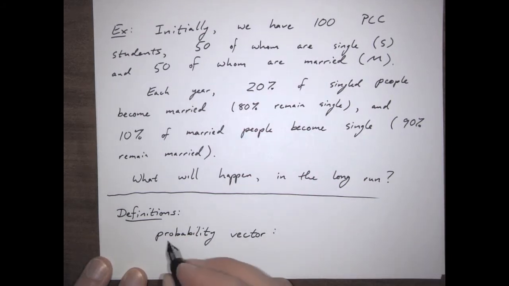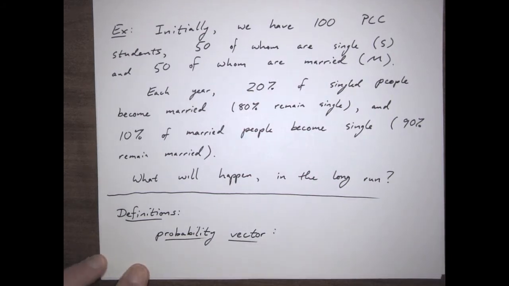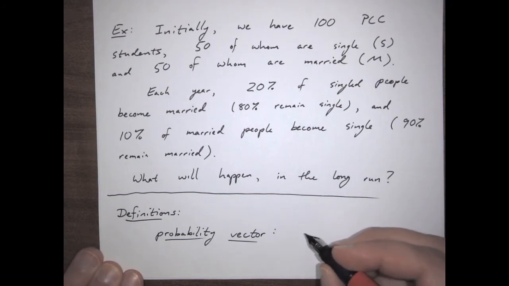It is a vector whose entries share the important properties of a probability distribution.